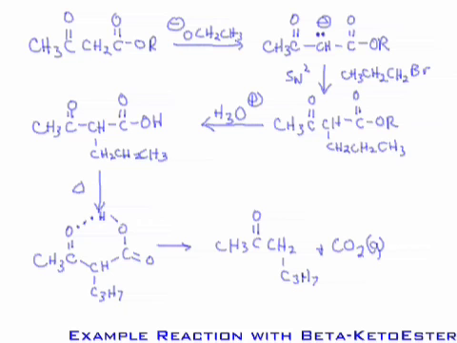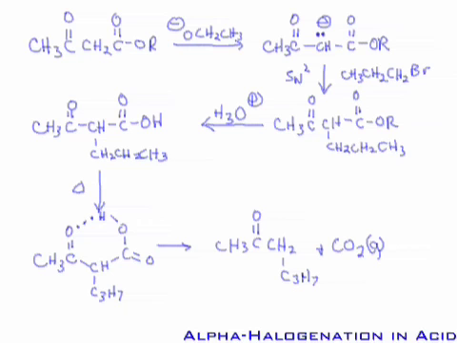And the first set of reactions we're going to look at that actually involve this type of chemistry was the alpha-halogenation reactions that we looked at for aldehydes and ketones.